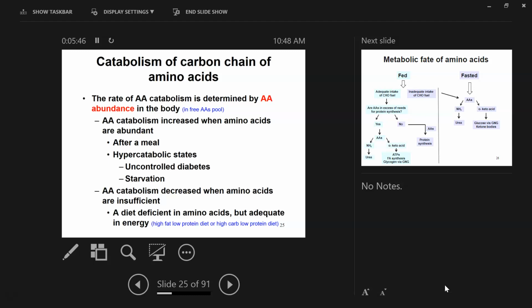I listed two conditions, like a high fat, low protein diet, where you have adequate energy but a low percentage of protein in the diet, or a high carbohydrate and low protein diet. Under this condition, we need to spare protein for protein synthesis to maintain physiological function in the body, because lots of important enzymes, hormones, and immunoglobulins are all proteins, and they need to be maintained at normal levels.